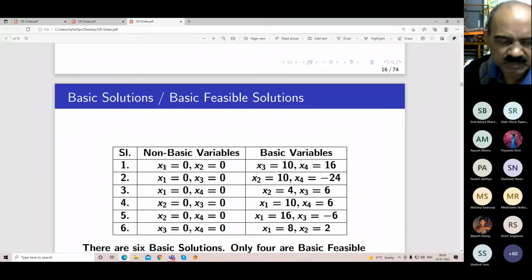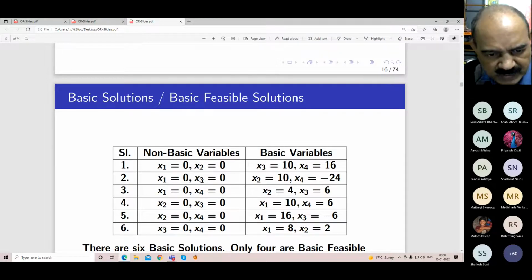So x1, x2 zero once. Then x1, x3 zero, second time. Third time x1, x4 zero. Then fourth time x2, x3 zero. Then fifth time x2, x4 zero. Then sixth time x3, x4 zero. This is the enumeration.